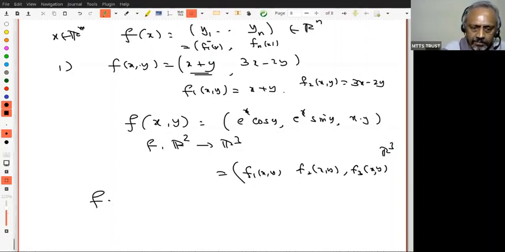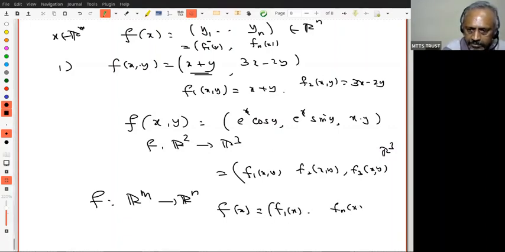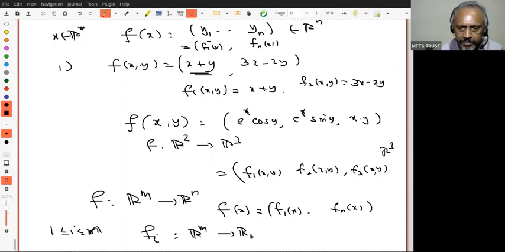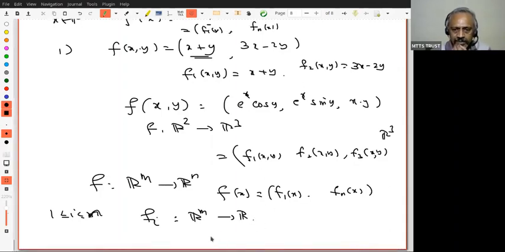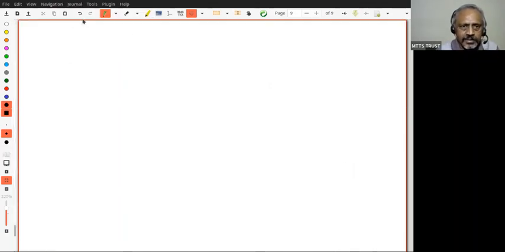So any function from Rm to Rn, I can write as f of x equal to f1 of x up to fn of x. Therefore, each fi is going to be a function from Rm to R. Do you understand this? This is a function from Rm to R. Okay? Are you with me? Don't lose heart. Okay?